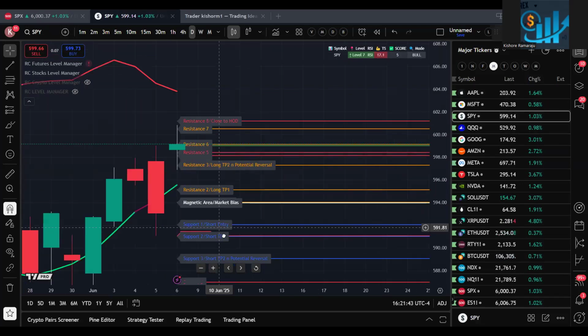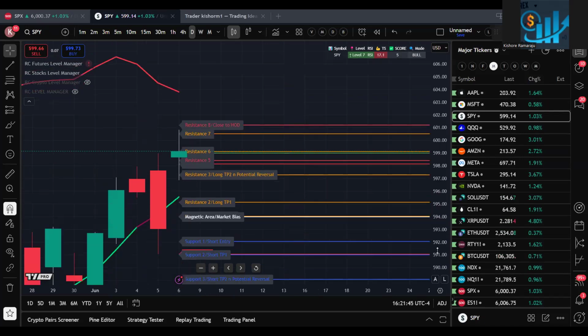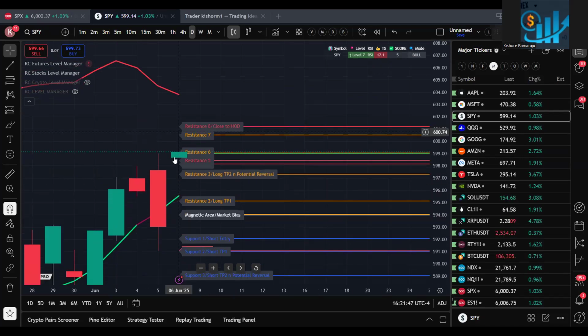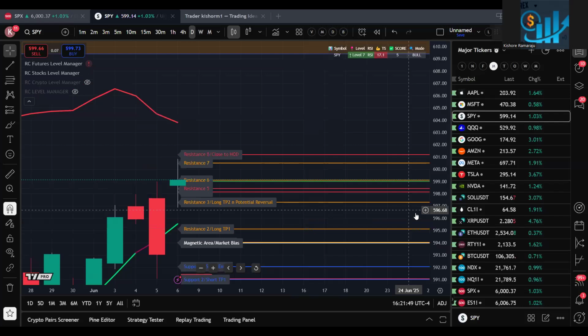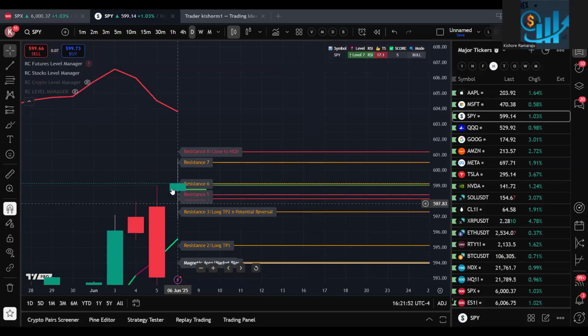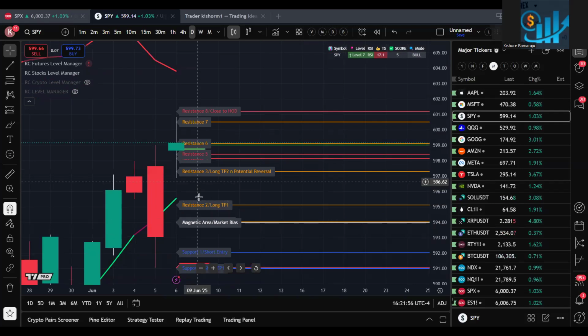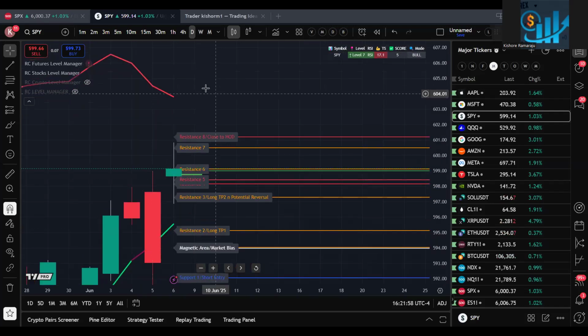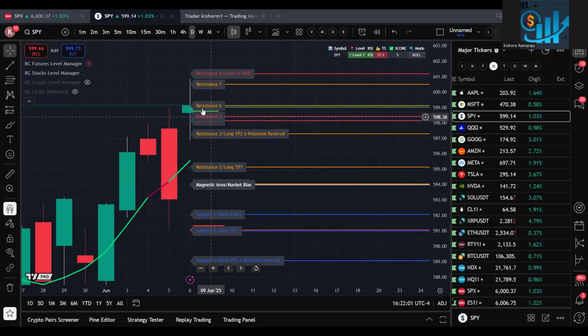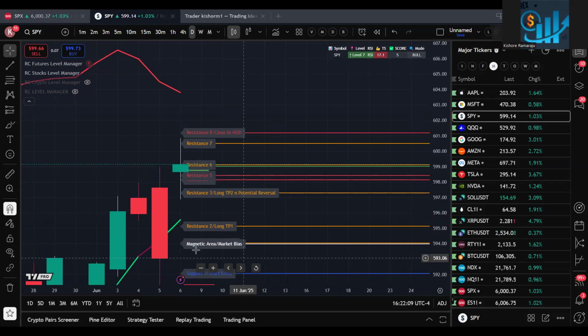SPY is also my scenario one. Even though, yeah, the open and close are above the magnetic area, that means it is scenario one. If the same candle closed somewhere here, then that would be my scenario three. But here SPY overall stayed above the magnetic area, so it will still be very bullish for tomorrow.